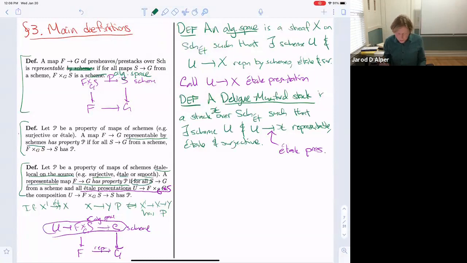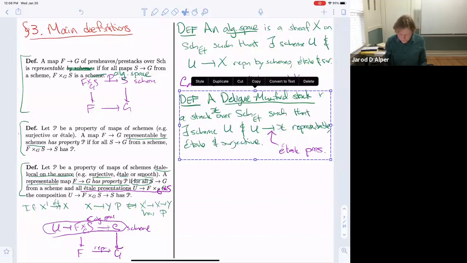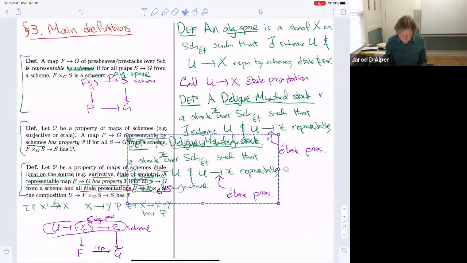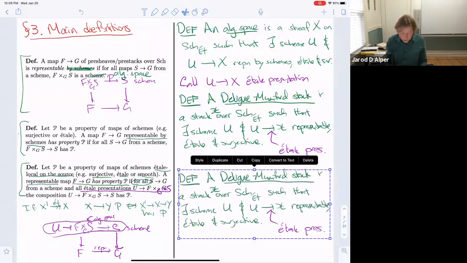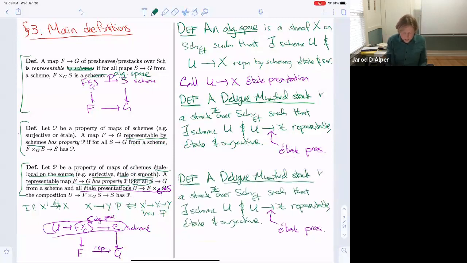Yeah, and then we just repeat this definition here. In fact, maybe I'll just cheat and copy it. To move from a Deligne-Mumford stack to an algebraic stack, it's again a stack over the big Étale topology such that there exists a scheme. And so we only change the Étale-ness to smooth.